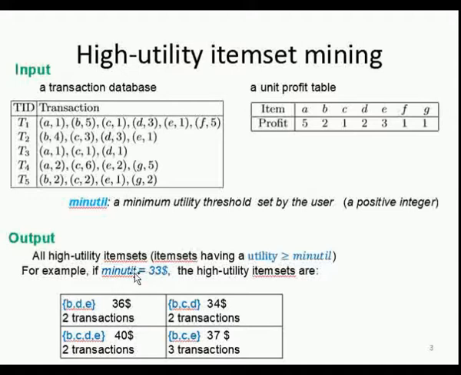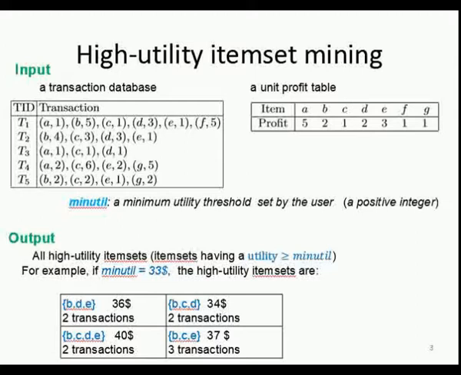It makes $36 actually. BCD has a profit of $34 and so on. So in high utility item set mining, if we apply this to transactions made by some customers, we can find all the sets of products purchased together that generate a high amount of money, for example.